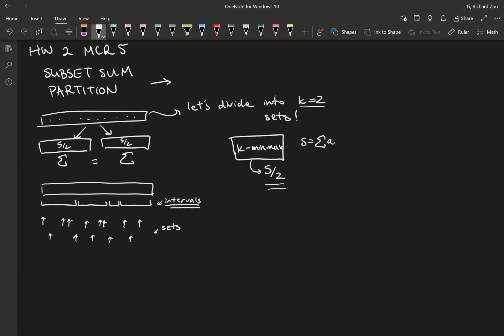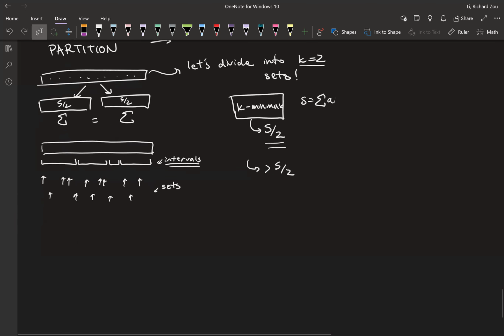Now, if this gives us a number greater than s over 2, when does this occur? This occurs when we're splitting this into two sets: one has some a, and the other has s minus a. Because we can't form exactly s over 2, either a or s minus a has to be some value b that's greater than s over 2.